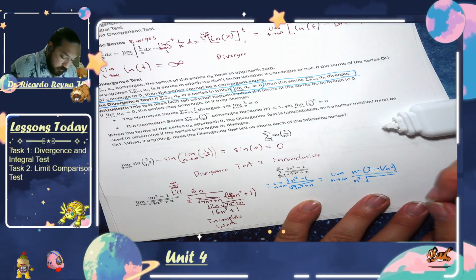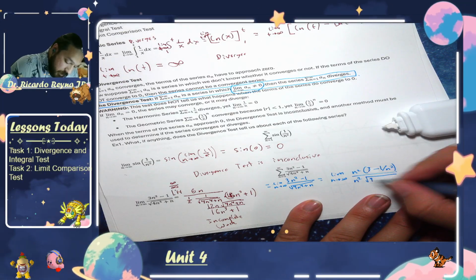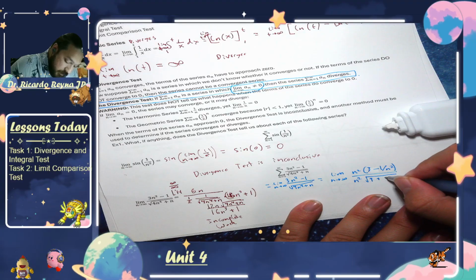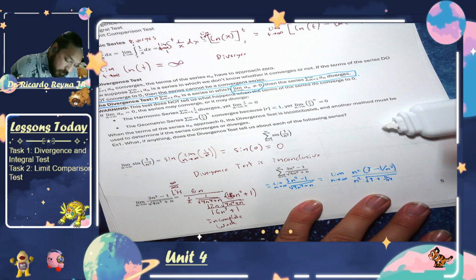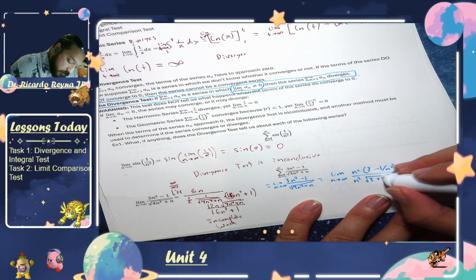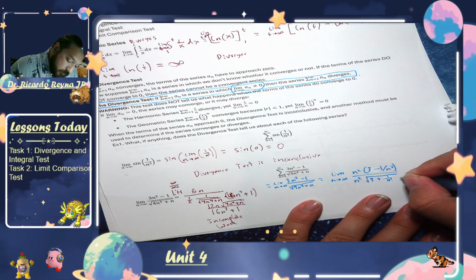But really, you'll have 4 by itself, and then plus n over n to the power of 4, which we can simplify to be 1 over n cubed.